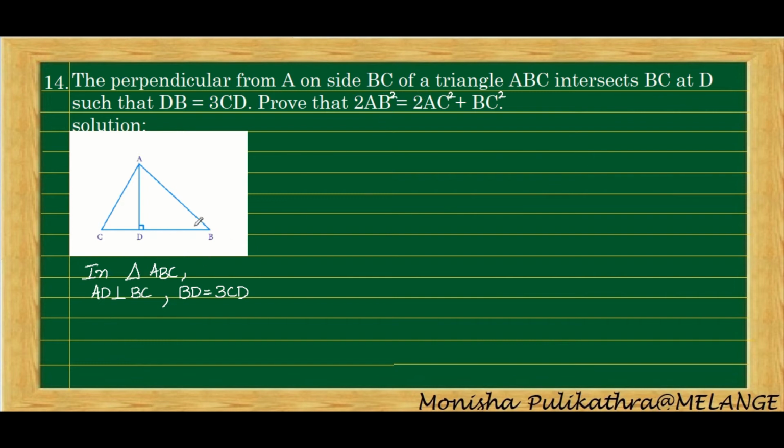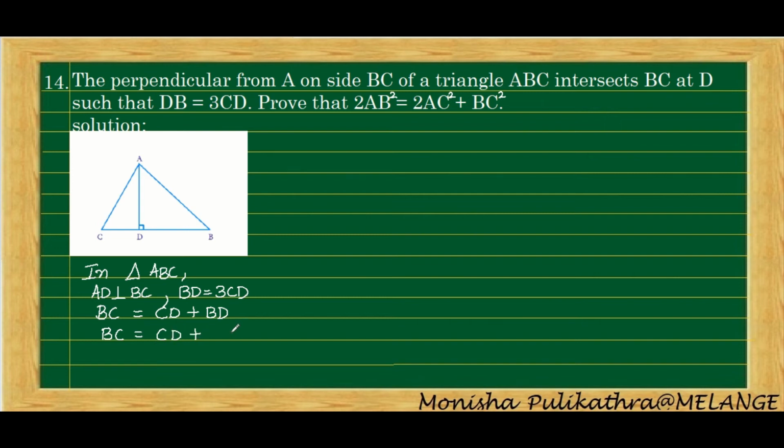So next, just see here, this whole BC is made up of two parts: one is CD plus BD, right? So BC is equal to CD plus BD, whereas in the question they have given BD is equal to 3CD.